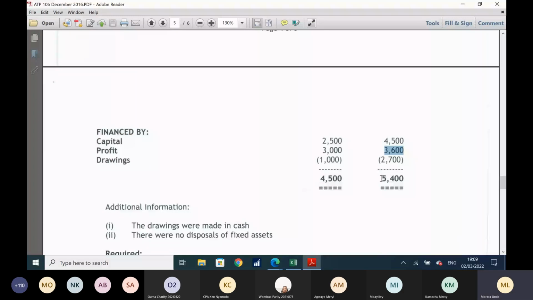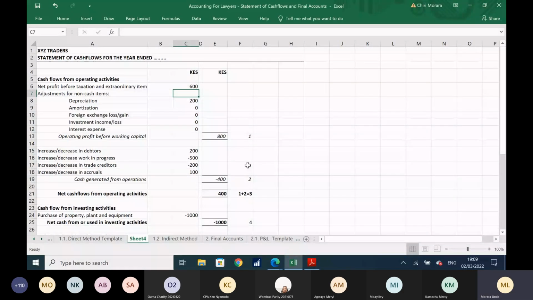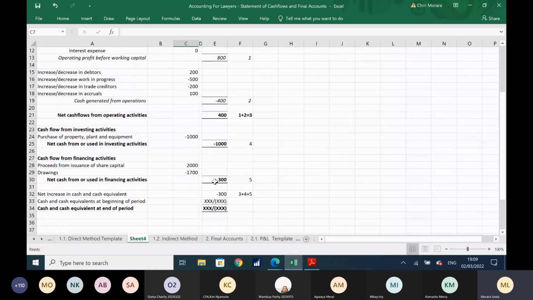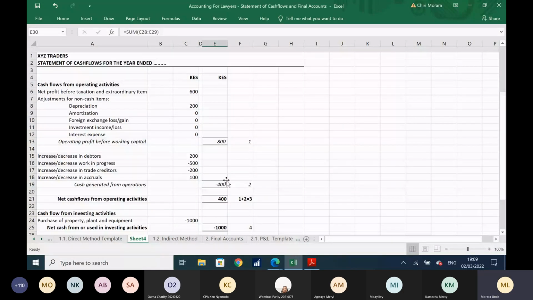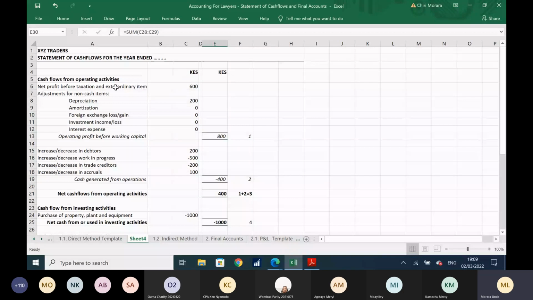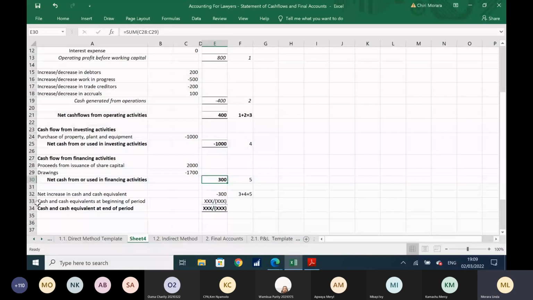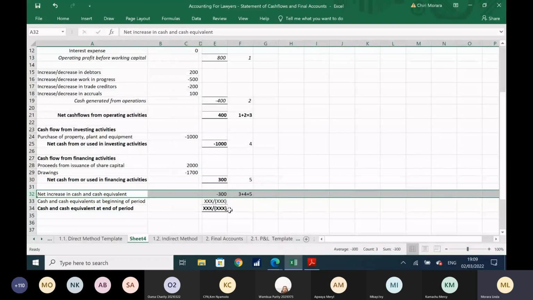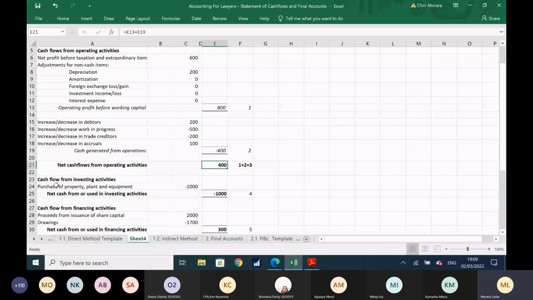Now, getting back to you, Purity, how I got this figure is that, to get your net increase in cash and cash equivalents for the entire year, it is the net of what you got from operating, the net that you got from investing, and the net that you got from financing.